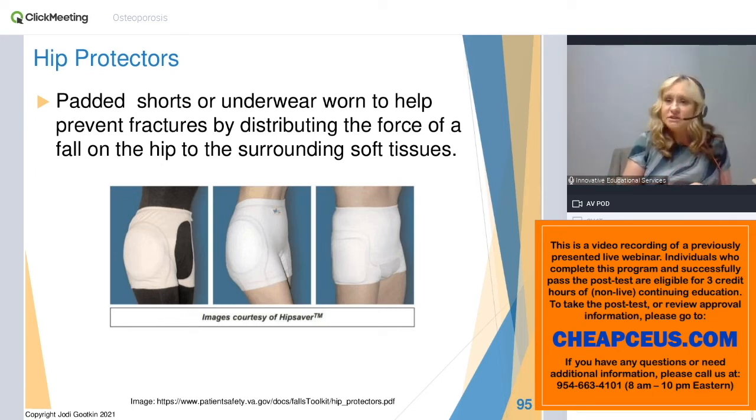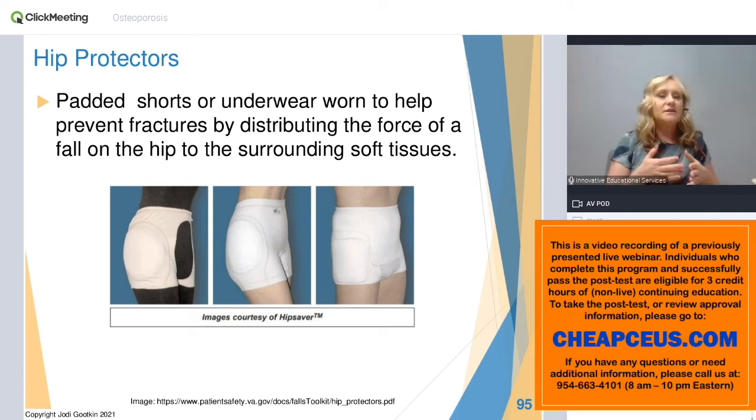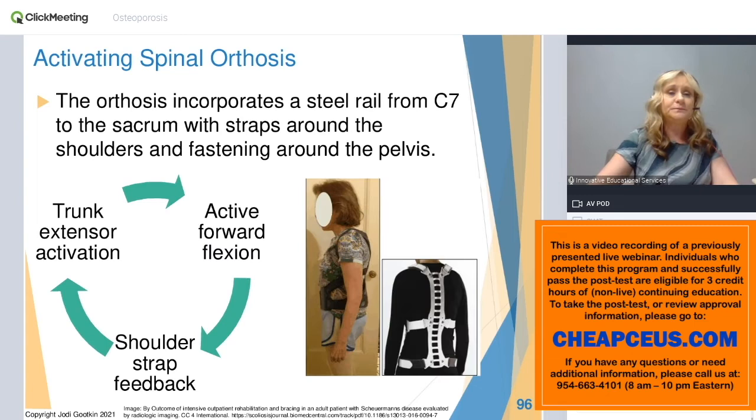There was a 2020 study that looked at the use of hip protectors on over 600 ambulatory elderly females in several different nursing homes, and they did find that this was effective for those with low BMI in decreasing the consequences of falls in terms of fracture.